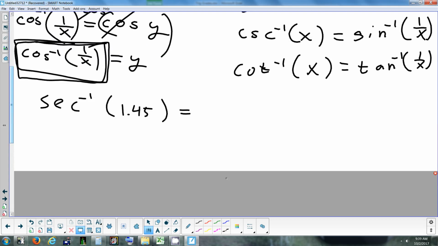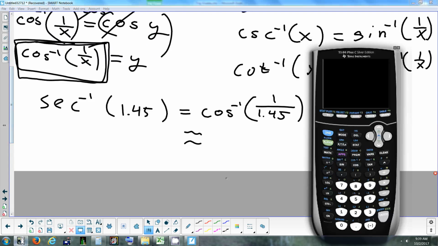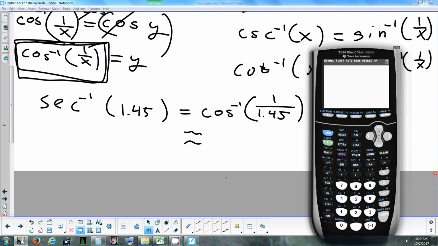Inverse cosine of 1 over 1.45. Perfect. So he picked the reciprocal, the one you get when you flip it, and then he took the 1.45 and flipped it. All right, so we've got second inverse cosine of 1 divided by 1.45. Okay, so we get, if we're going to round to 2 decimal places, 46.40.